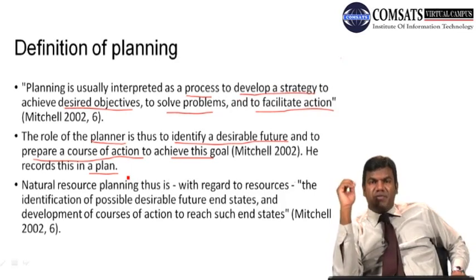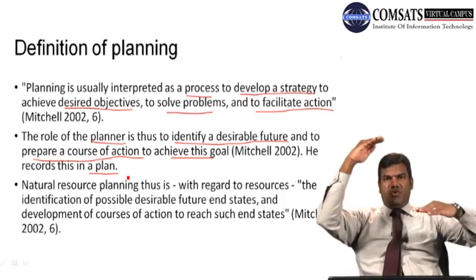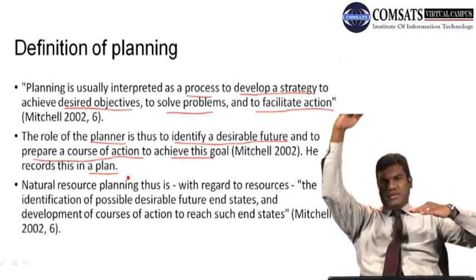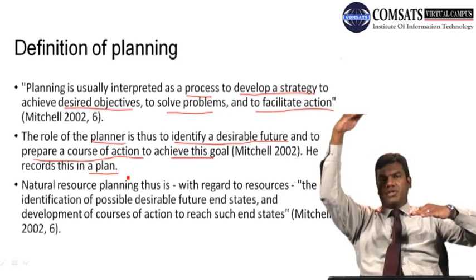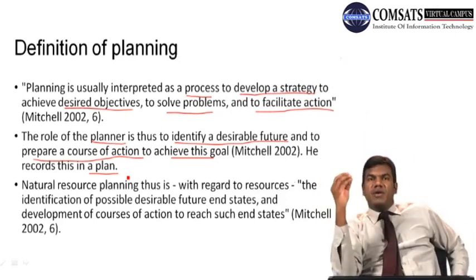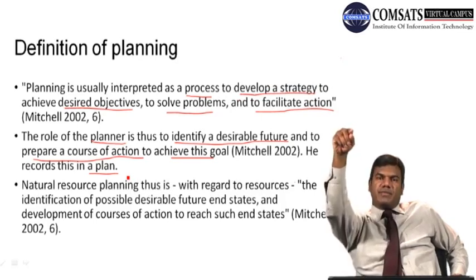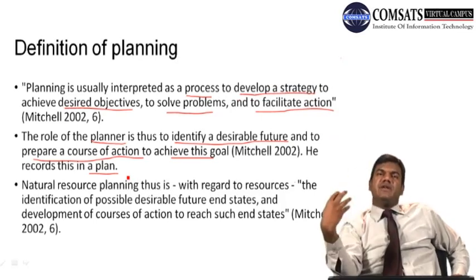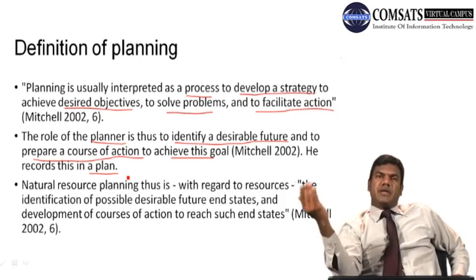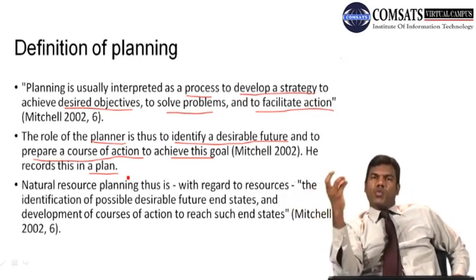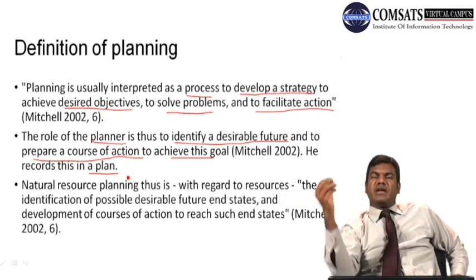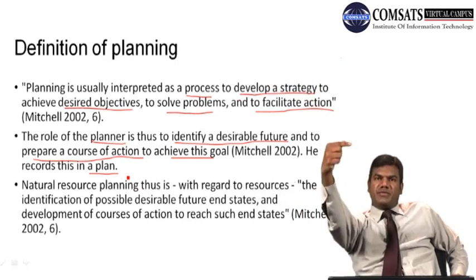identify desirable future, you are here, you want to go there, ये मेरा desirable future है. I need to focus on what I want. I need to see कि जी after doing this masters in public administration, what I want to achieve, that is my objective.